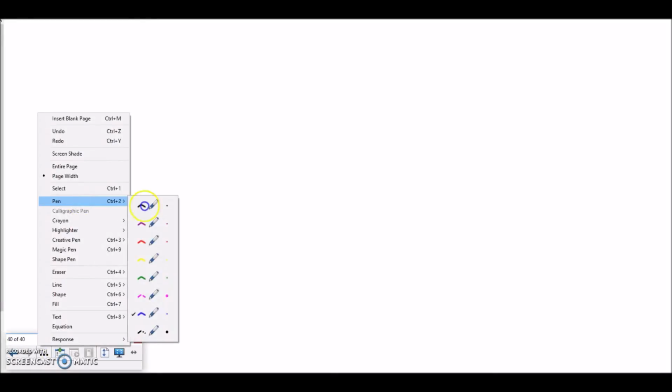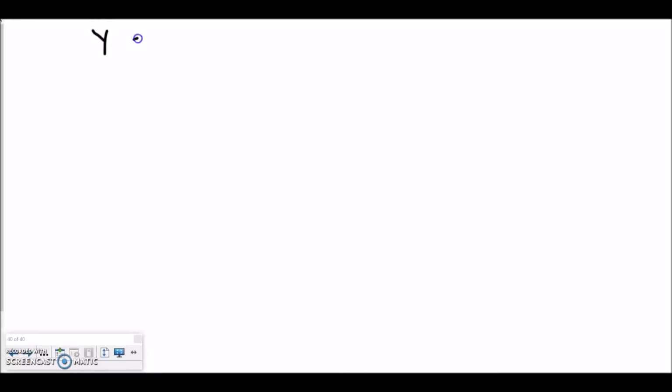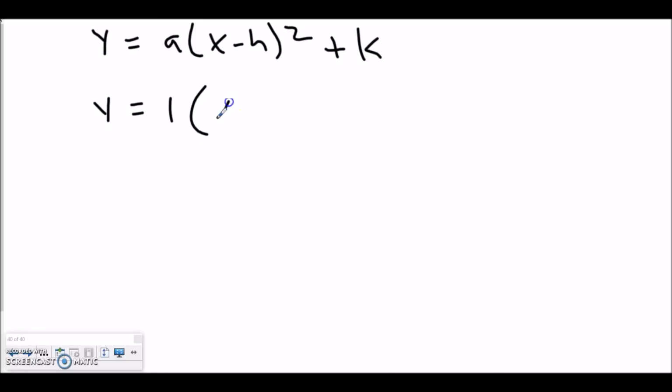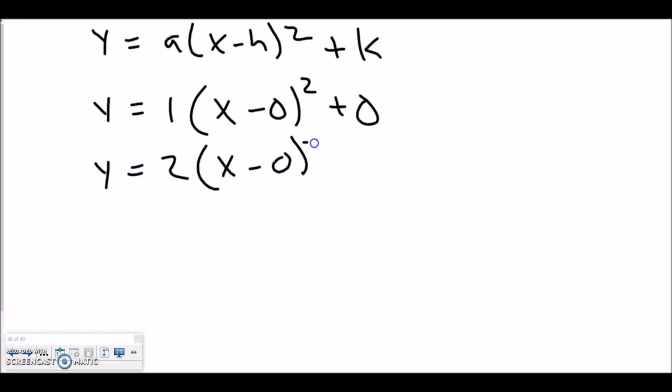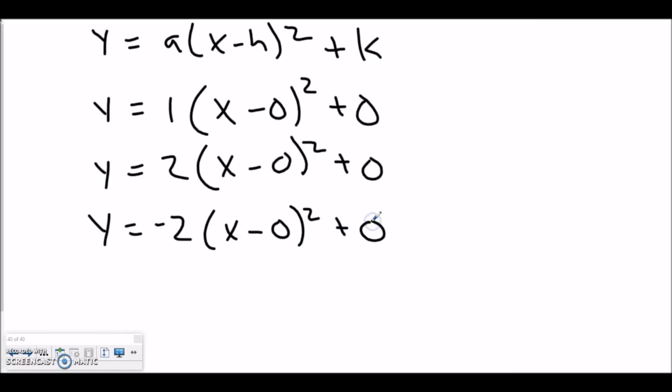I'm going to give you three equations. So remember our formula, a(x minus h) squared plus k. All I want to do is change our numbers for the letter a. What if we had 1(x minus 0) squared plus 0? What if we had 2(x minus 0) squared plus 0? And what if we had negative 2(x minus 0) squared plus 0?